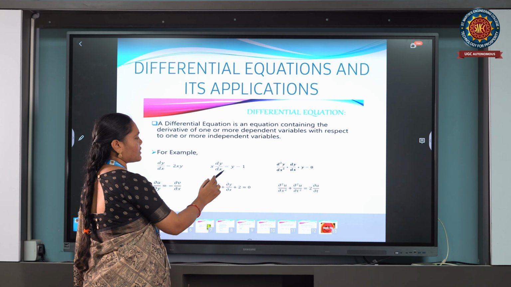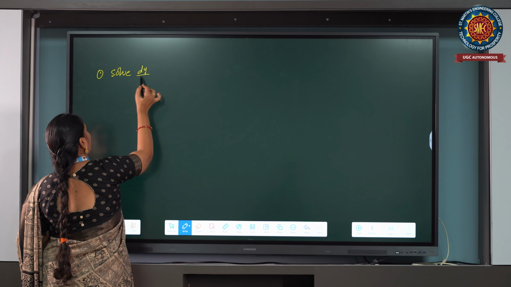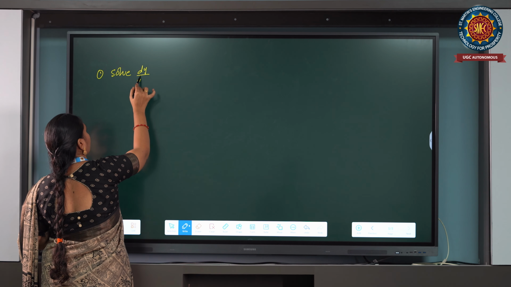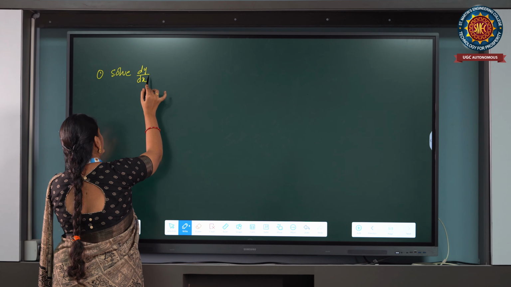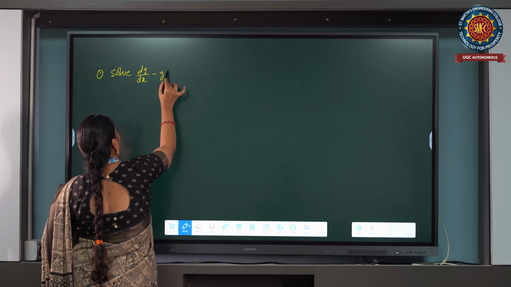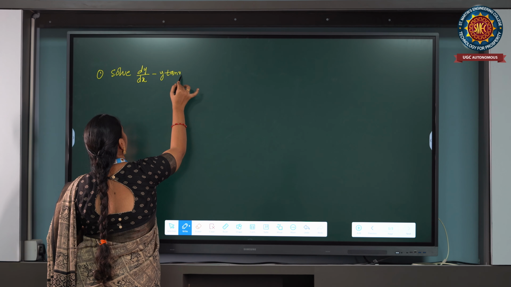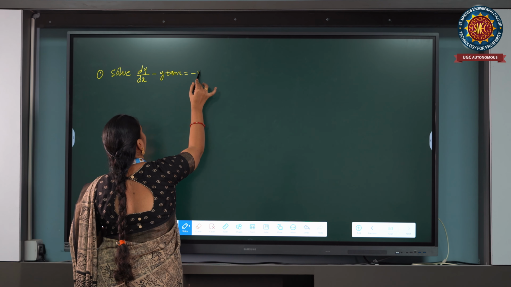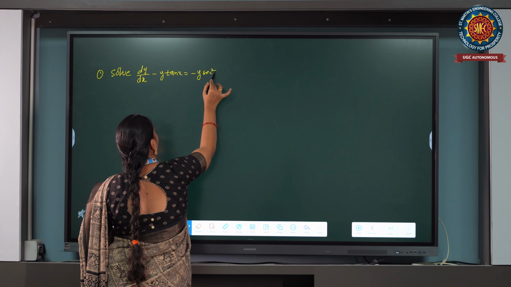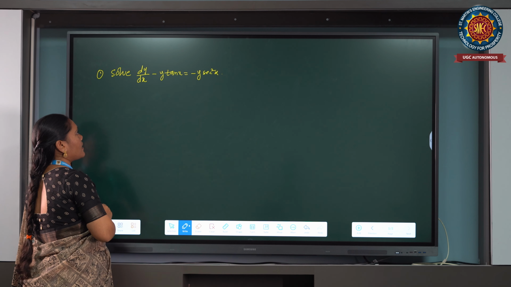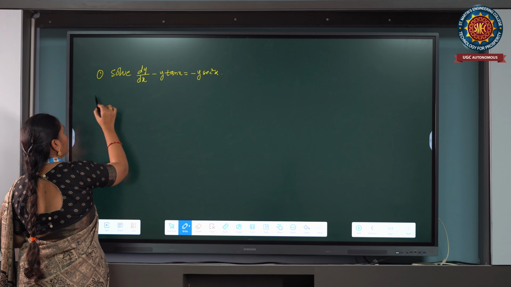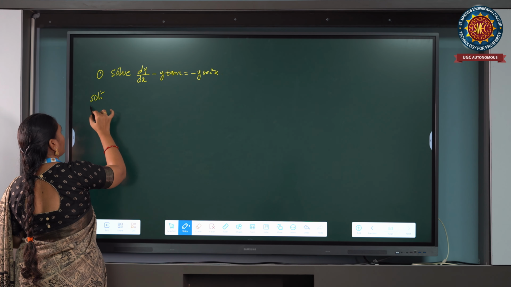Next, we have to discuss one more problem: solve the first order differential equation dy by dx minus y into tan x is equal to minus y into sec square x. This is a differential equation. Now we have to find the solution of this differential equation.